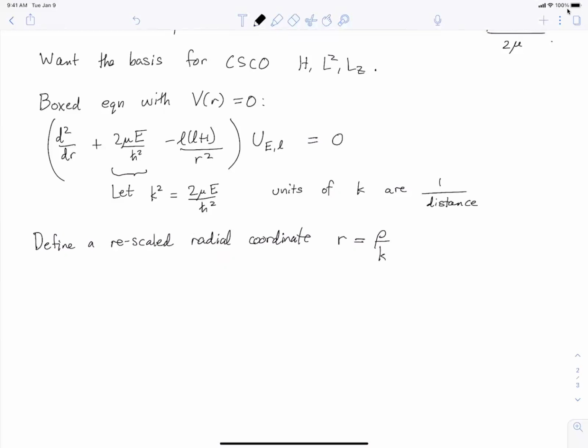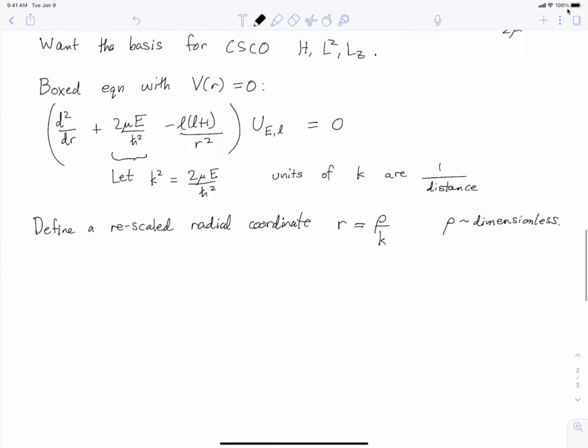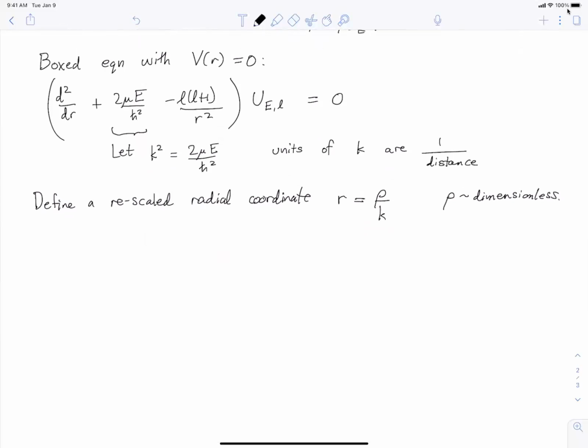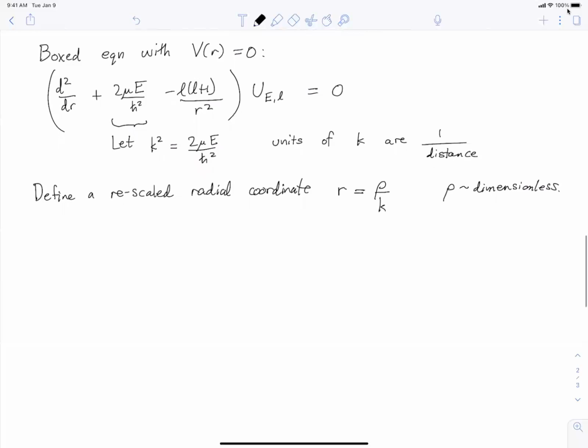So if k has units of 1 over distance, then rho is a dimensionless rescaled radial coordinate. So this illustrates a general fact that things often become more elegant if you express them in terms of dimensionless quantities. By expressing everything in terms of dimensionless quantities, things will tend to become nicer. Let's see how that works.